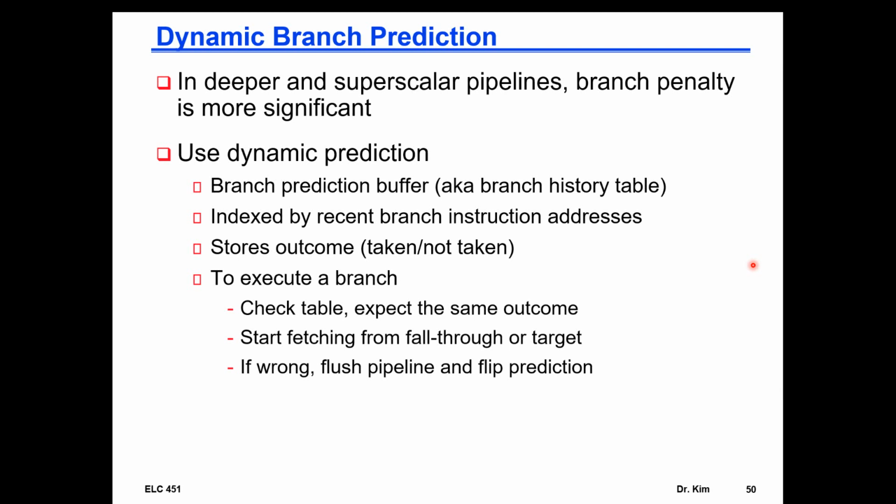Of course, if you are wrong, you do have to flush the pipeline, reverse your prediction, and start fetching from the other target. But what we want to do is minimize the number of times that we are wrong. Eventually, we are going to be wrong in any prediction scheme, but the question is, how do we minimize that and minimize the penalty for being wrong?